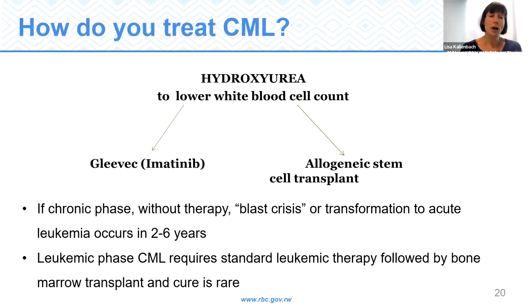If the patient is in the chronic phase, but untreated, so without therapy, blast crisis or transformation to acute leukemia occurs in approximately 2 to 6 years. The leukemic phase of CML requires standard leukemic therapy followed by bone marrow transplant, and cure is rare. But often, because most people present in the chronic phase, we are able to treat this as a chronic disease in most cases.